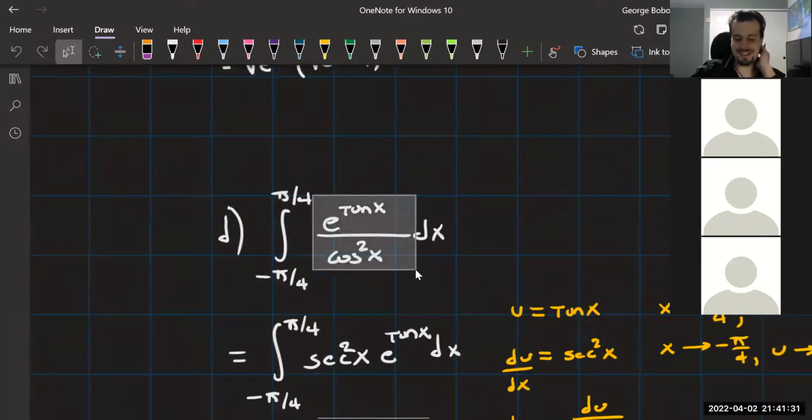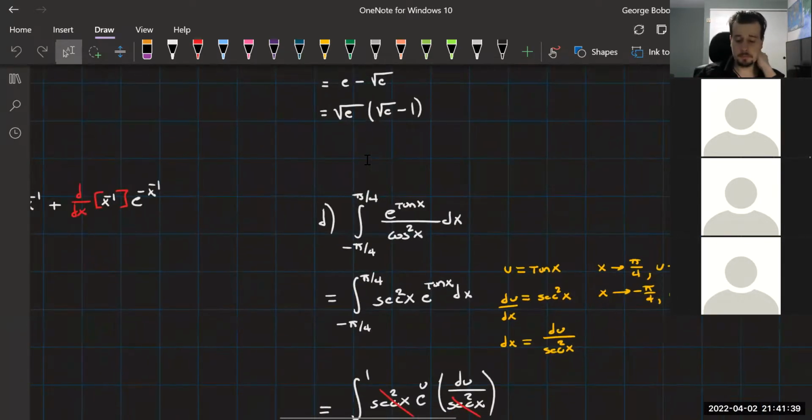But you see, we have disgusting functions over here, right? What method gets rid of the disgusting function sometimes? Integration by substitution. And to judge if U sub is going to work, I'm just refreshing your integration skills a little bit. To judge if U sub is going to work, what do you need to do here? You need to think.